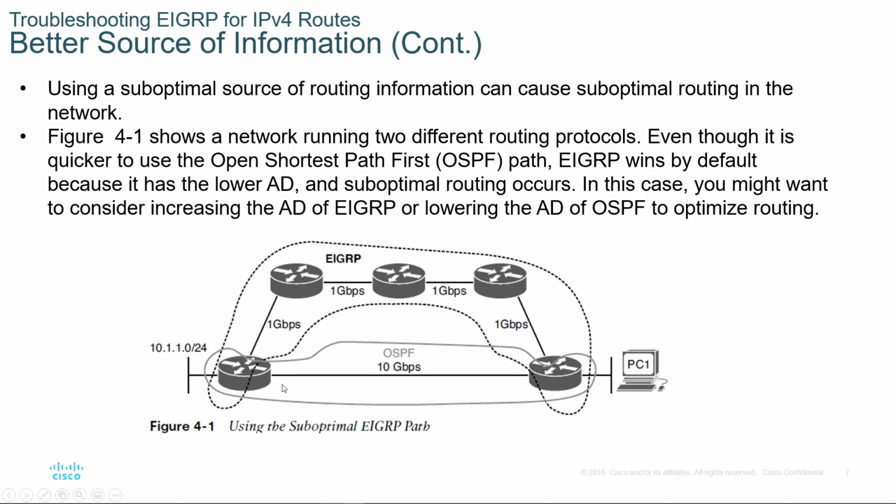So instead of taking the 10 gigabit link directly between our routers here, because it's under OSPF, it's not as trusted as the less efficient route through EIGRP, because the administrative distance is 90 compared to 110. So what we need to do is look at our topologies and make adjustments to our administrative distance for certain routes, and we can adjust that.